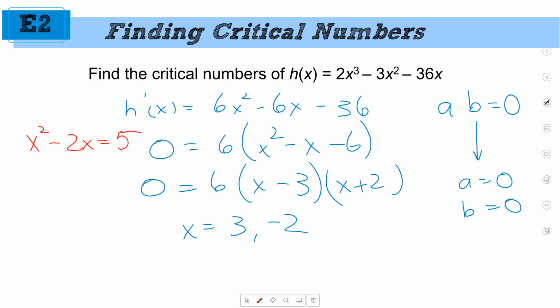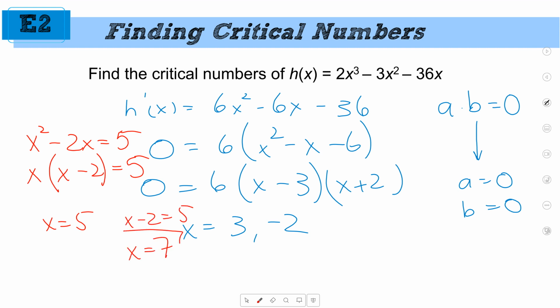You move the 5 to the other side, set it equal to 0, factor it. If it doesn't factor, use quadratic, whatever, right? But what I see is this. That, in the industry, is what we call bad math.